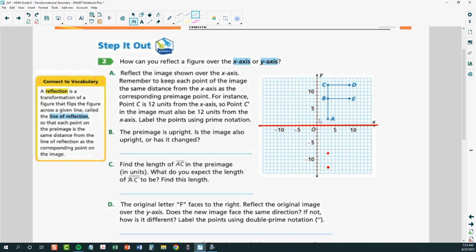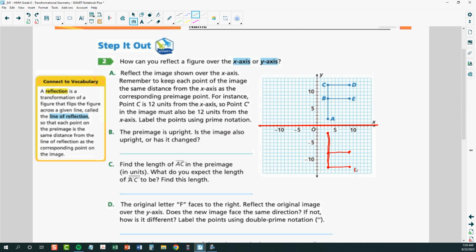This right here is at 2, and since I know they're the same distance away from the x-axis, here is my line. This is 1, 2, 3, 4, 5, 6. So where the B is 1, 2, 3, 4, 5, 6. And the C is the same distance away. So right here, okay, so this would be my D image.